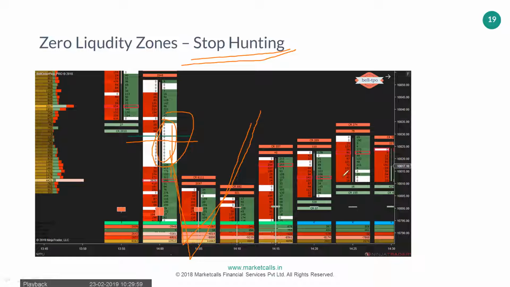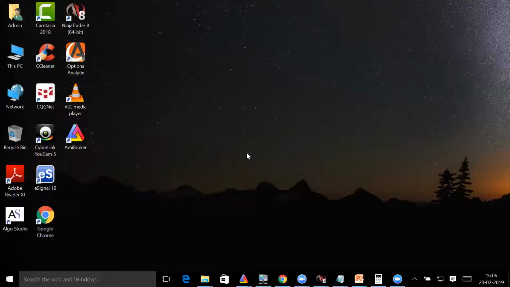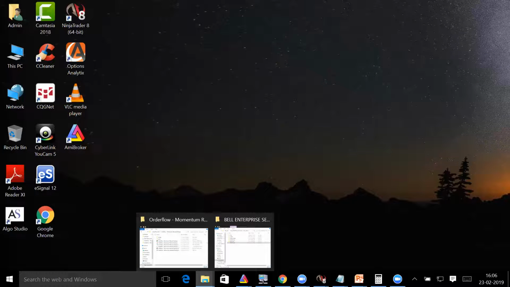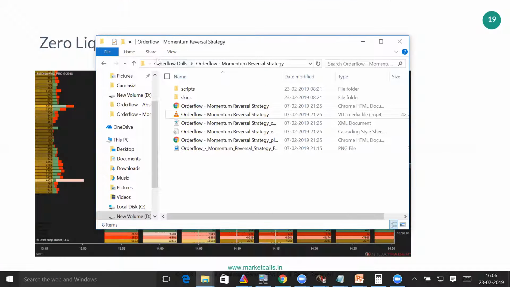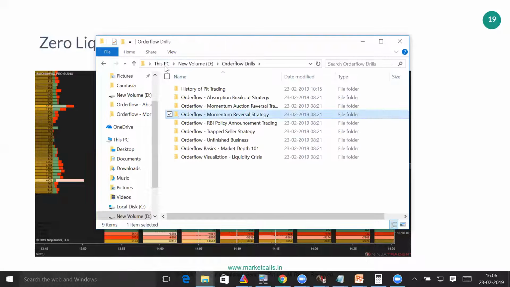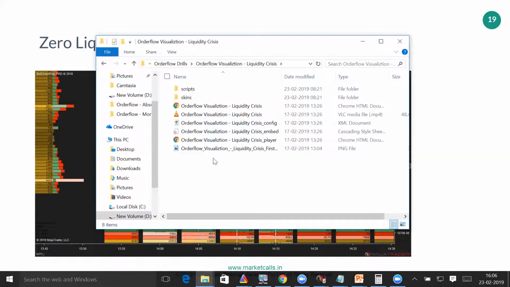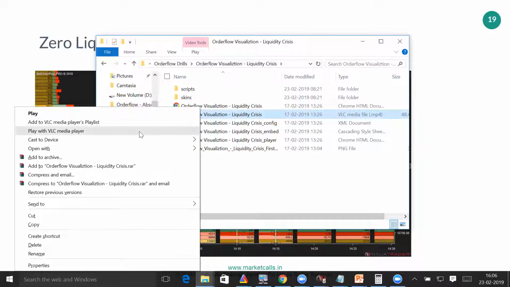One such example I can show you is Dr. Reddy. Recently, Dr. Reddy had a 30% crash, and I took a screenshot of how the price travels in low liquidity zones. Here is the order flow visualization of a liquidity crisis, where price went down with very low volumes.